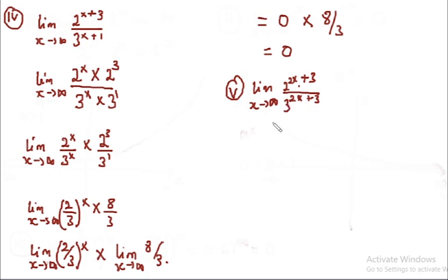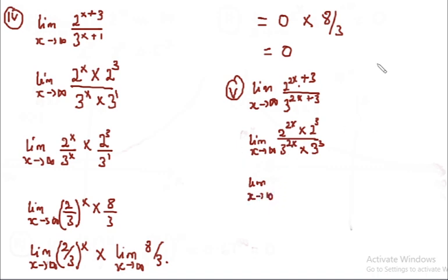So this would look like the limit as x approaches infinity of 2^(2x) times 2^3, divided by 3^(2x) times 3^3.